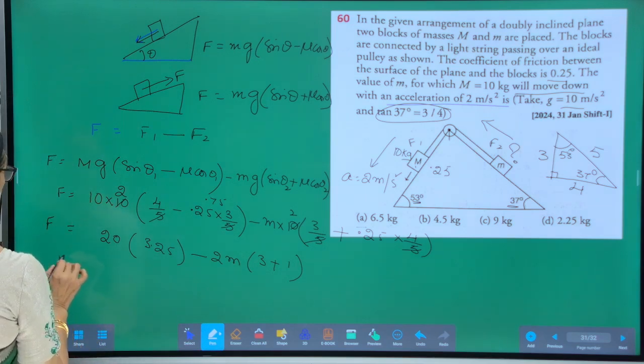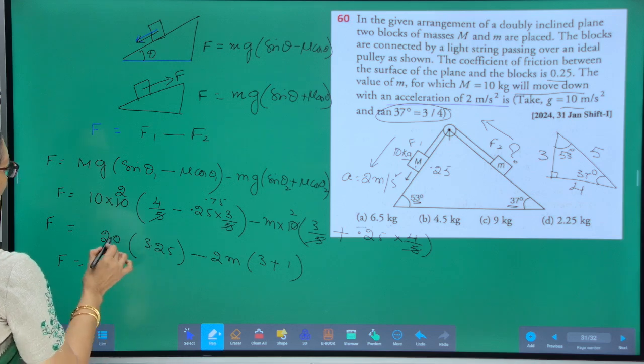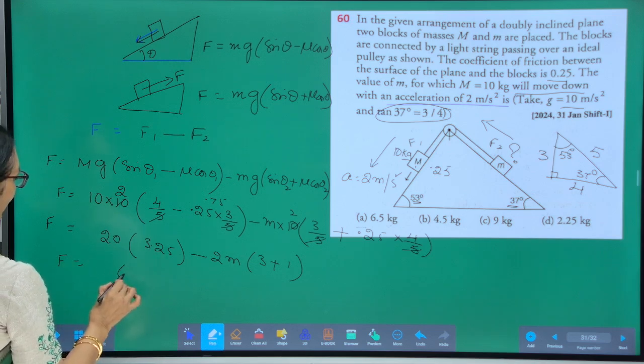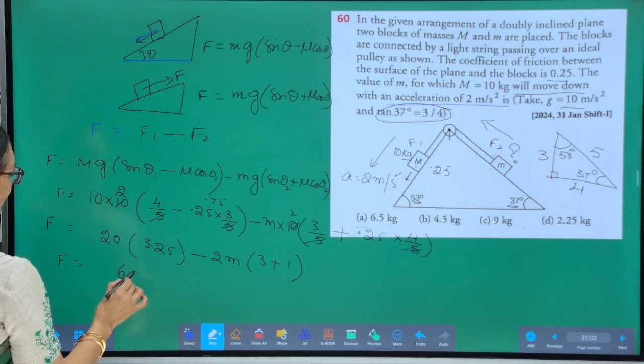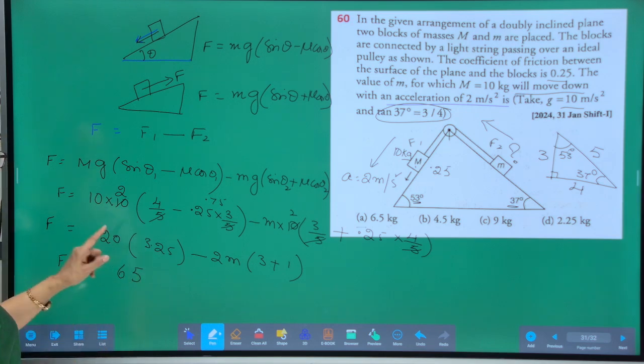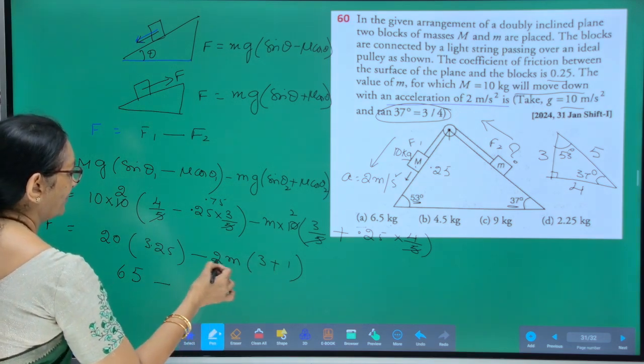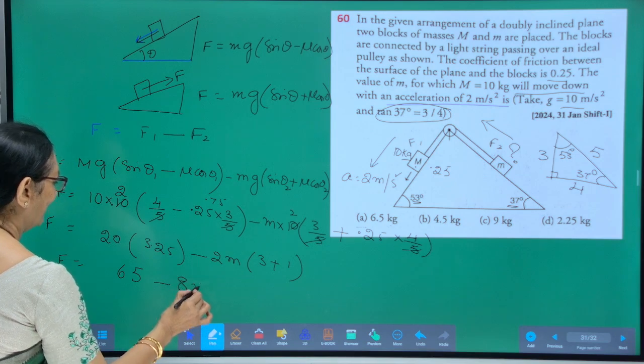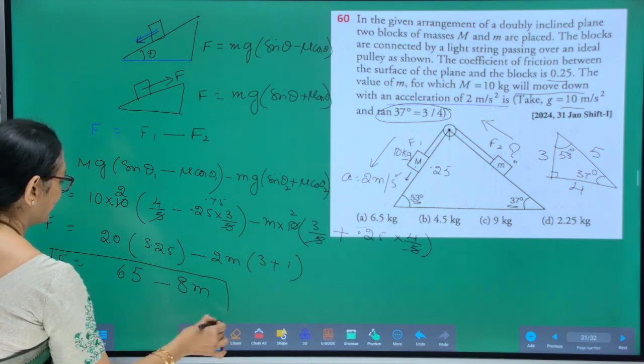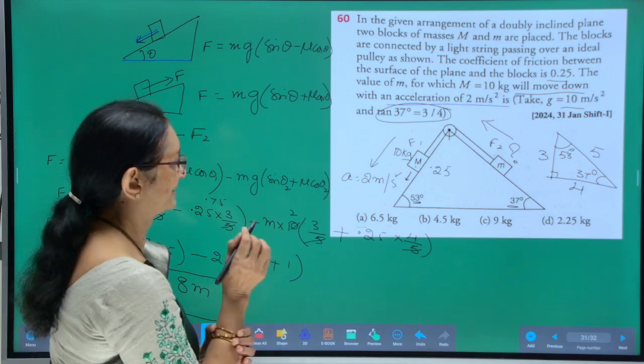So net force is equal to 3.25 into 20, that is 65, 32.5 into 2, 65, minus 3 plus 1, 4 into 2, 8m. So this is the net force acting on the system.